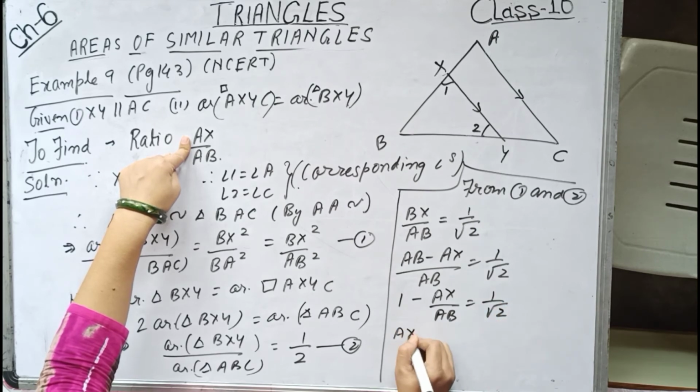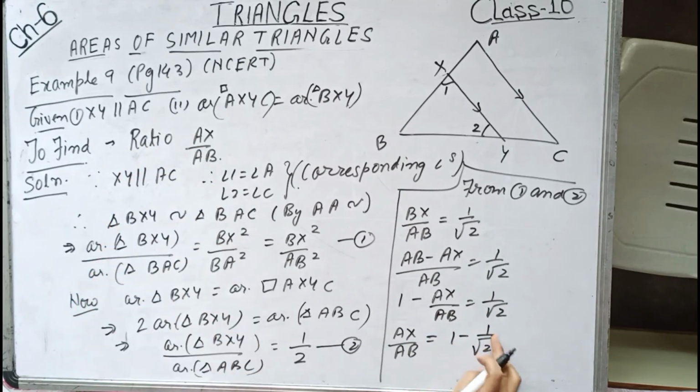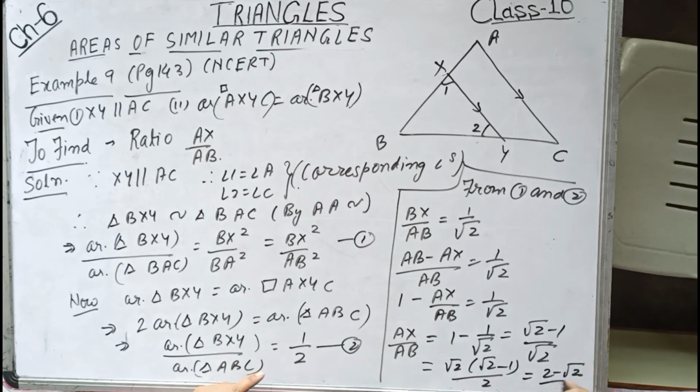We need AX by AB. So AX by AB is on the LHS, and this will go to this side and become 1 minus 1 by root 2. So this will equal root 2 minus 1 by root 2. We can leave the answer over here, but generally we don't leave a surd in the denominator. So multiply by root 2 on top and bottom, and this will become 2 minus root 2 by 2.